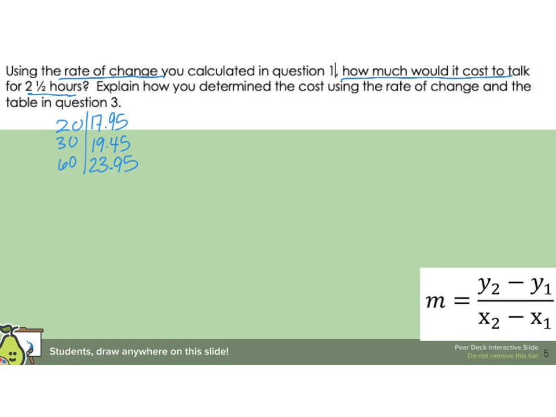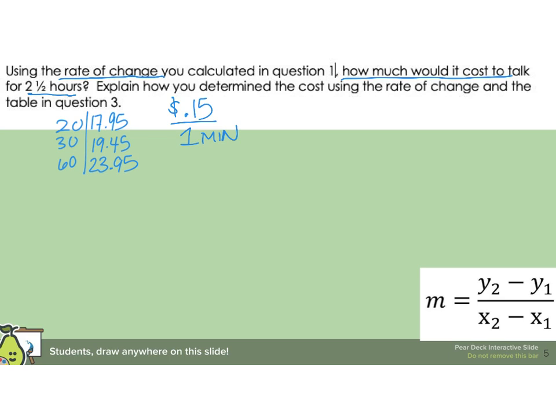And then explain how we did all that. Okay. How much does it cost to talk for 2.5 hours? Well, we know the cost is 15 cents for a minute. Not for an hour, but for a minute.